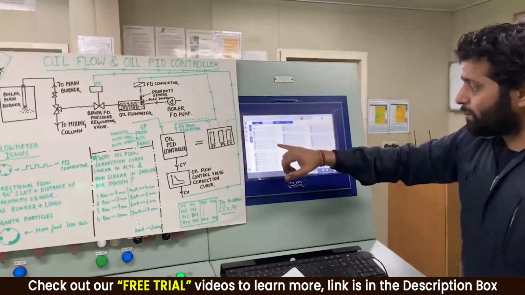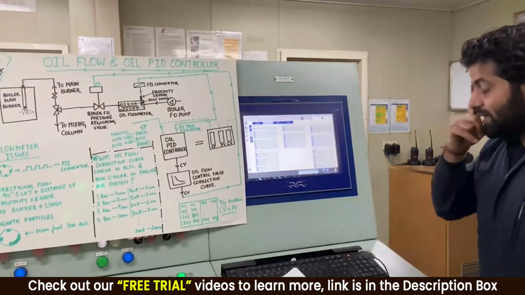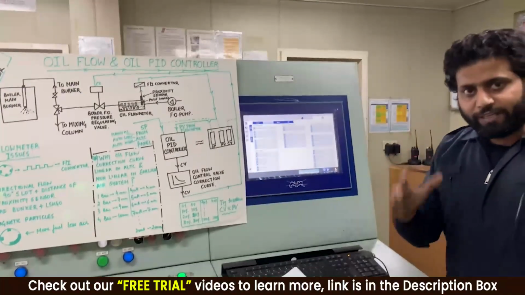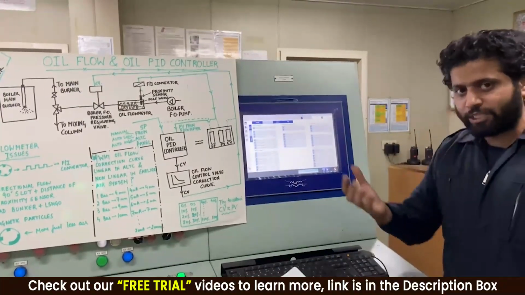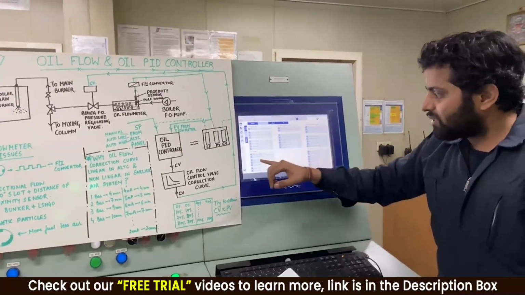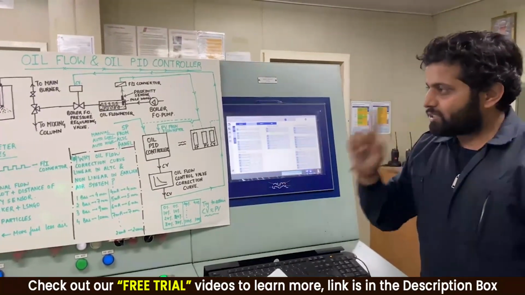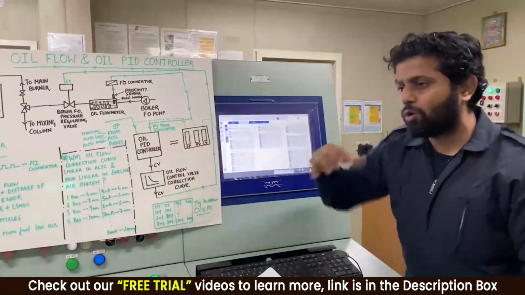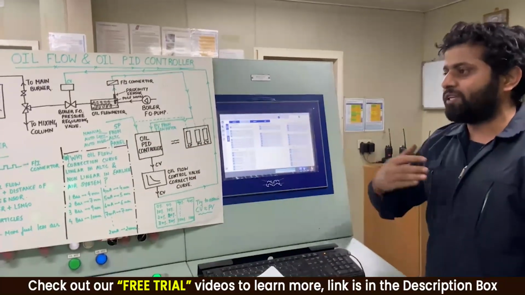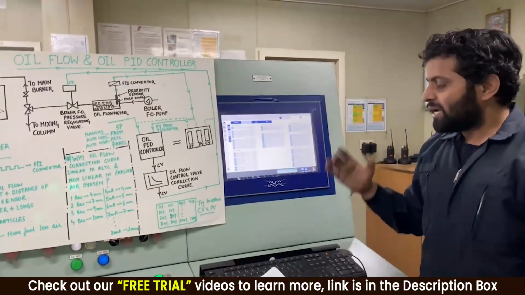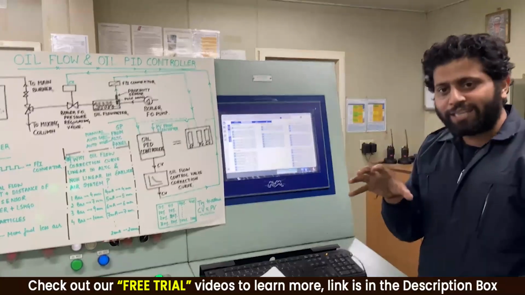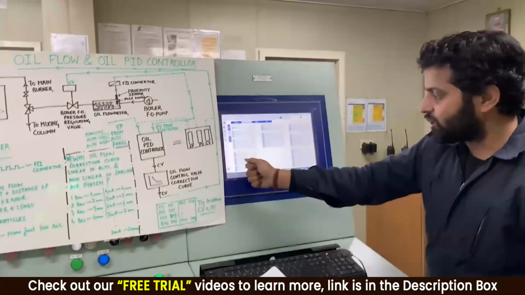Now, what do you mean by this oil? Why do you need this? Guys, when we are firing this boiler, definitely I'm going to discuss the starting and stopping procedure as well. What happens is, there are many stages. It is not just one stage where your boiler is firing at a load, say 25%, 30%, and you have to increase or decrease the load, right? But when the boiler starts, there is a point when it reaches a stage called ignition.